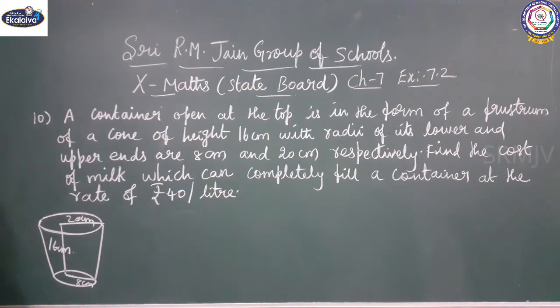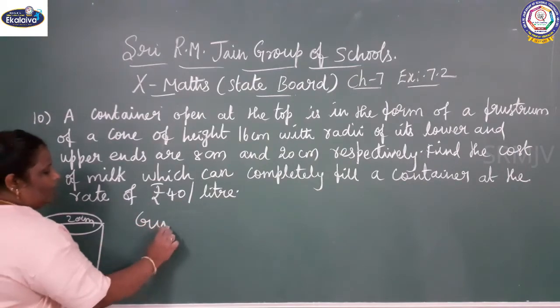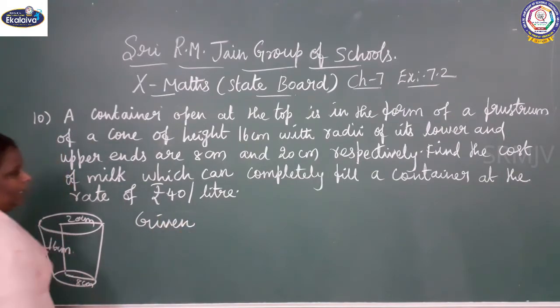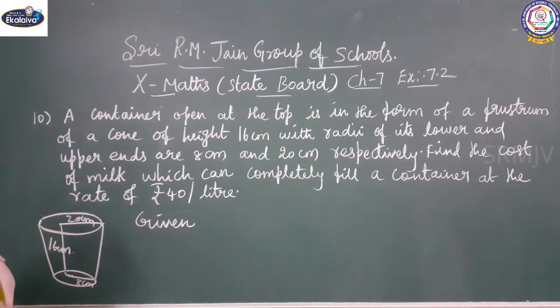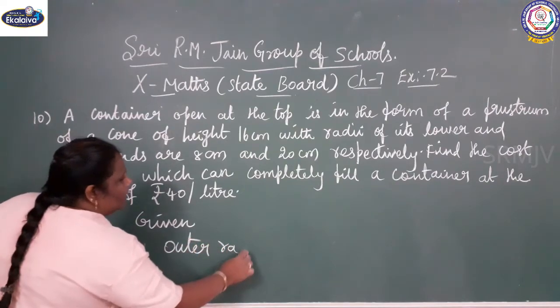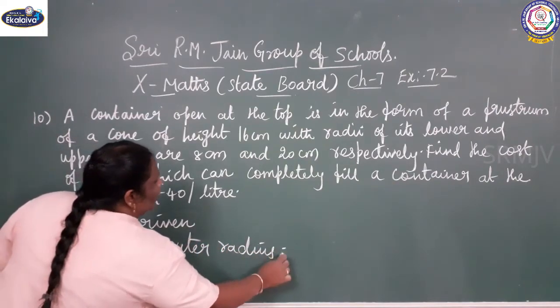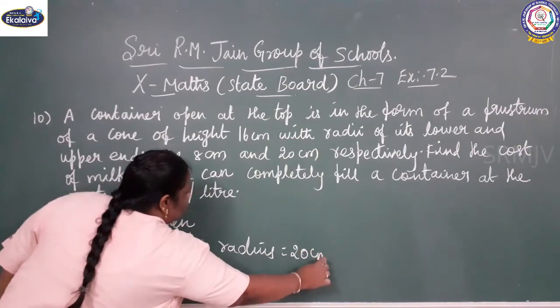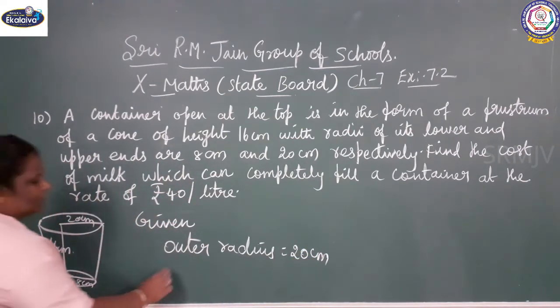What are the things given? Given outer radius equal to 20 centimeter. What is the inner radius?